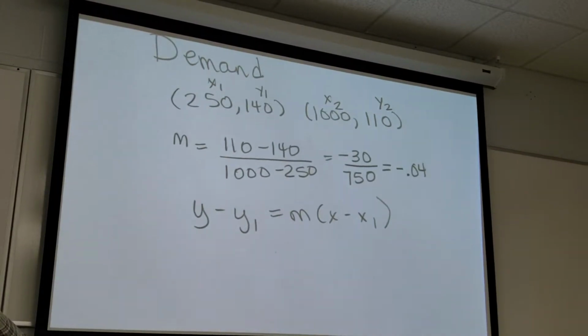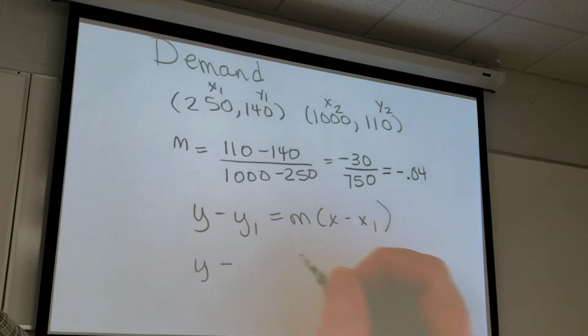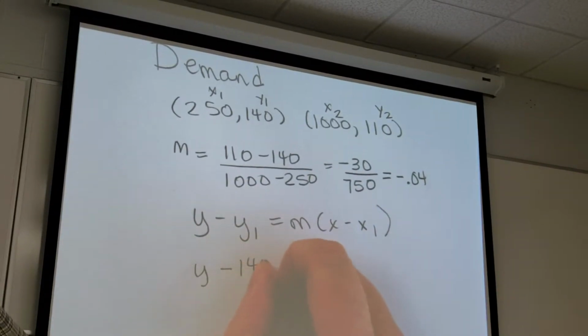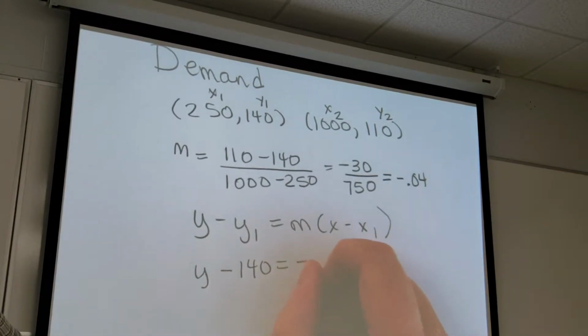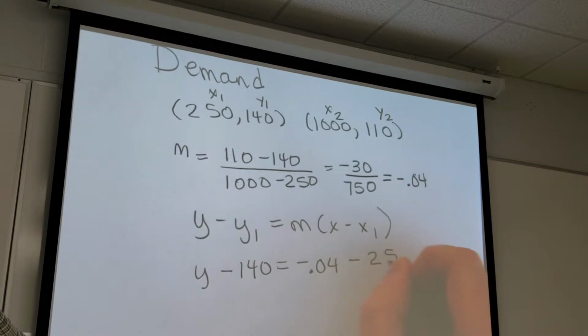Just make sure if it's x1, it goes with y1. If you're picking x2, make sure you pick y2. So I have y minus 140 is equal to negative 0.04 times x minus 250.